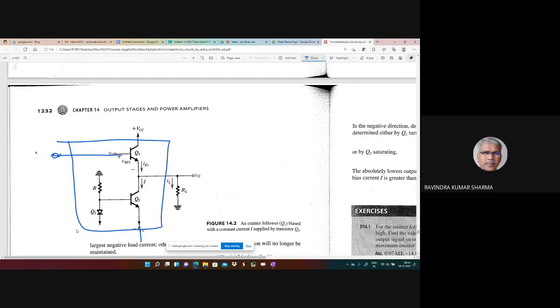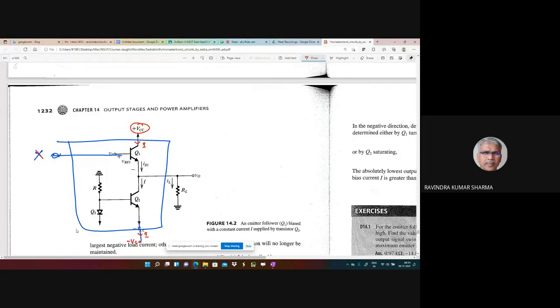When I don't give any input, when signal is 0, उस समय how much is this current flowing from Q1? This current is I. How much is this current flowing? This is also I. यहां पर है प्लस VCC, यहां पर कितना है? माइनस VCC. आउटपुट पे कोई करंट फ्लो कर रही है क्या उस समय?